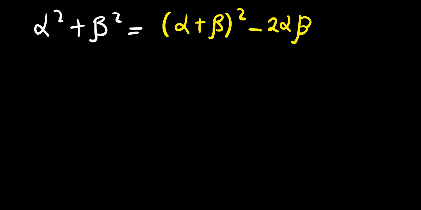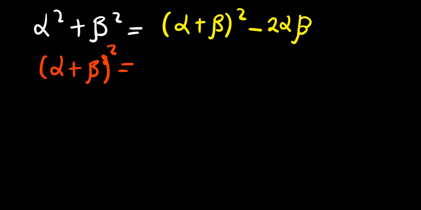But now the thing is, how do you come up with this? So let's say you have alpha plus beta squared. What is it going to be? If you've got alpha plus beta and you square it, what is it going to give you?